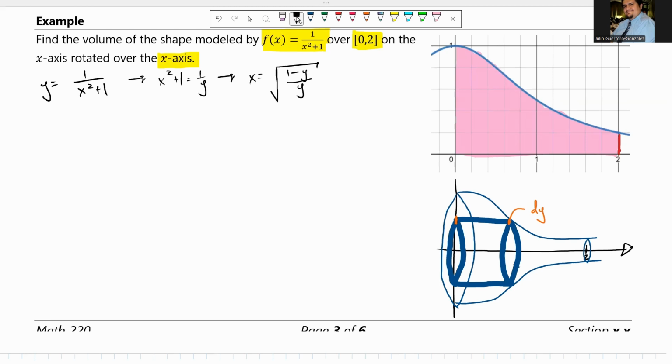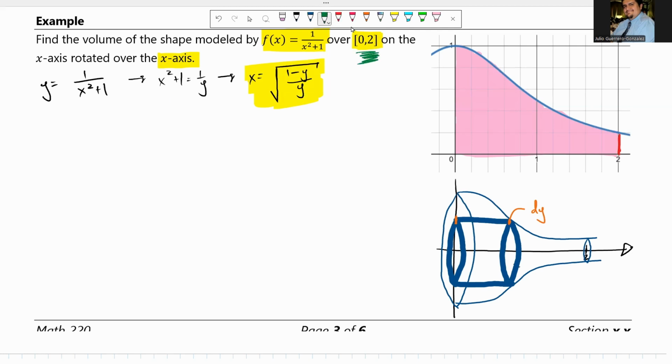There we go. Okay. So this function, our f of x, can also be written in terms of y in this manner right here. So this is the equivalent function that we need, but in terms of y. Okay. Next thing. You guys see this thing?